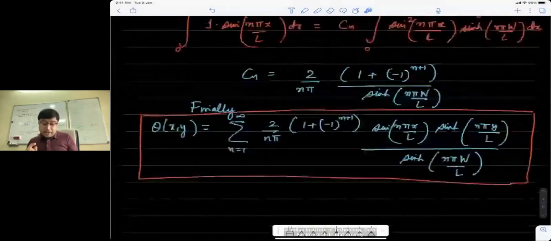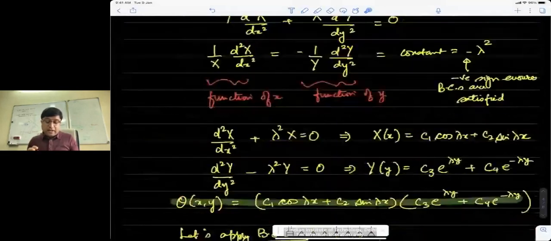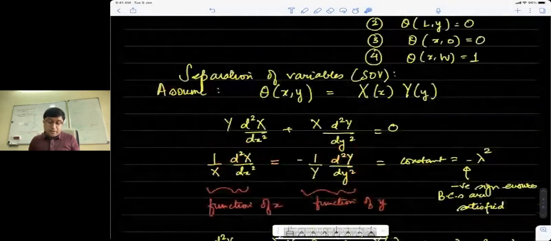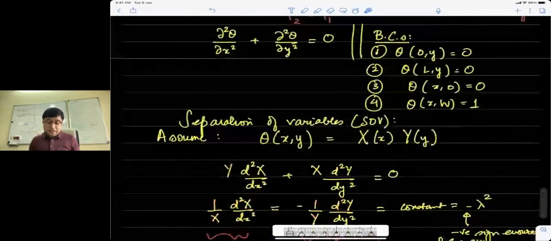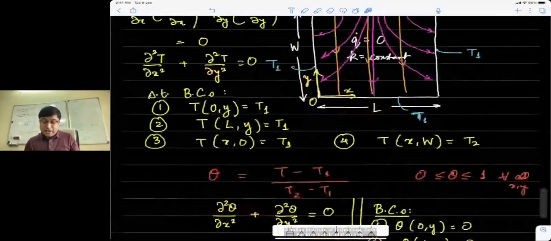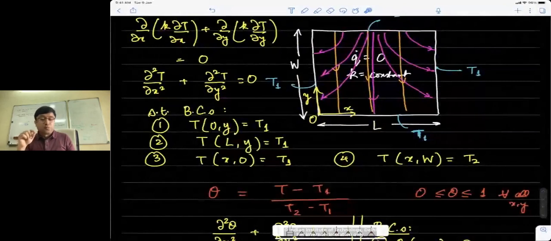But there is a trick here, by the way, that I should mention. For an undergraduate class this is a lot of information, and some people might even find this boring, but for somebody who is very inquisitive and may be thinking ahead: because the governing equation is linear, even if I had non-homogeneous boundary conditions on two surfaces, I could still solve the problem using the method of superposition.